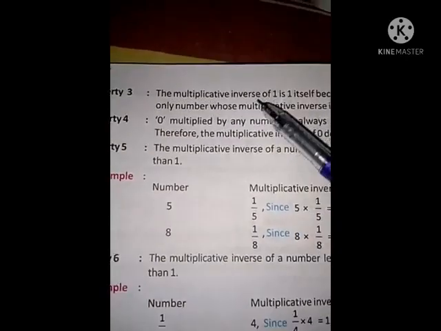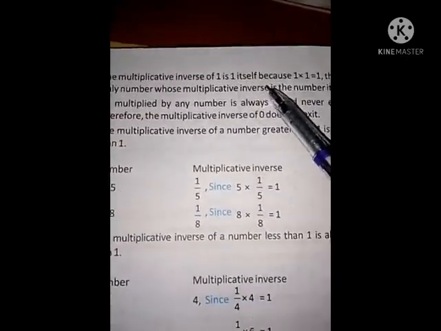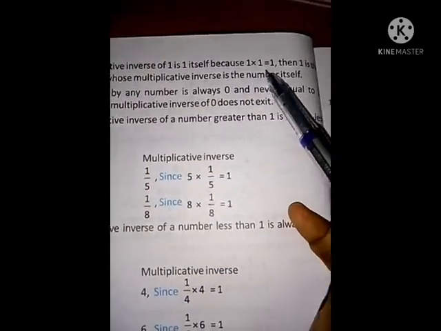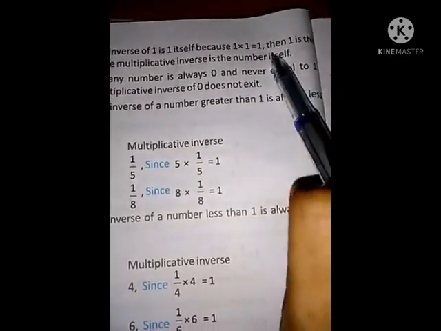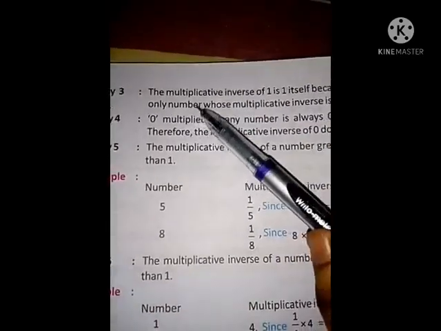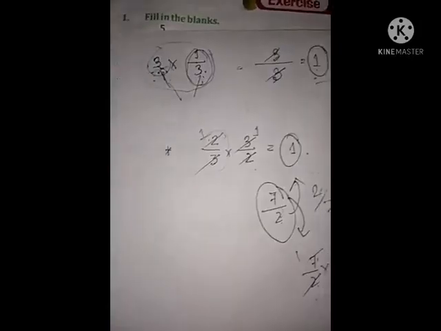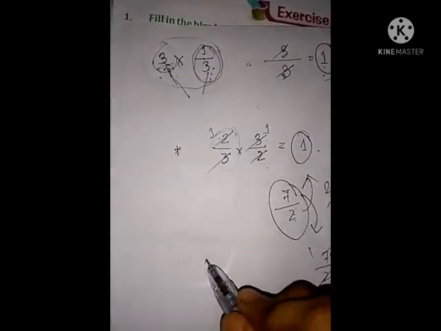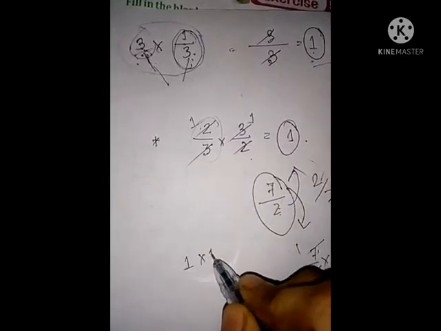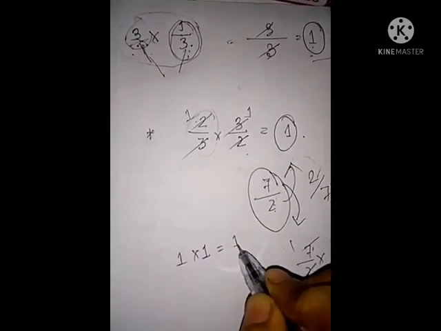Understand? See property 3. The multiplicative inverse of 1 is 1 itself, because 1 into 1 is equal to 1. 1 is the only number whose multiplicative inverse is the number itself. If we multiply 1 into 1, the answer will be 1.